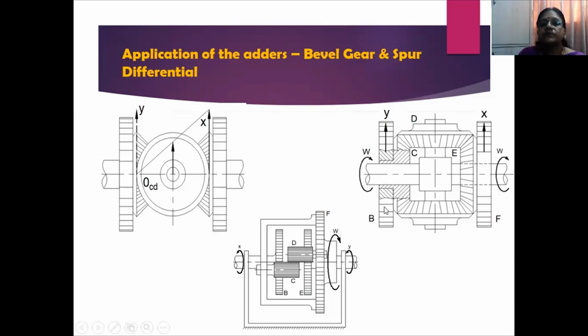Now once you fix the gear C and give input to F, X motion, here it is angular rotation. Now, if you calculate the instantaneous center for this particular X, this point is the instantaneous center.